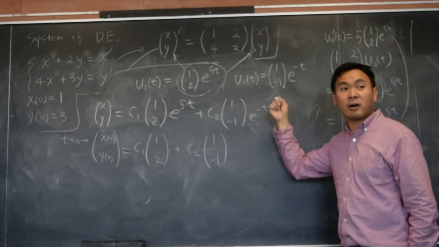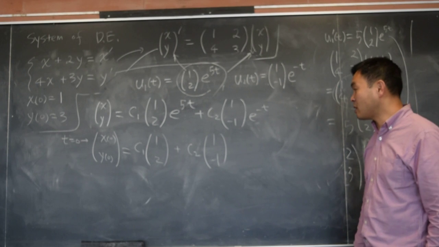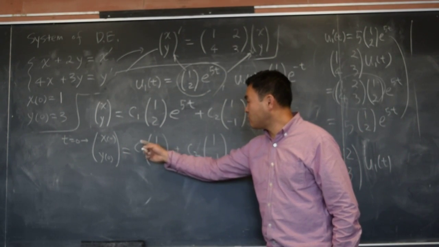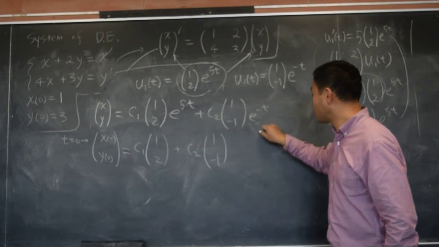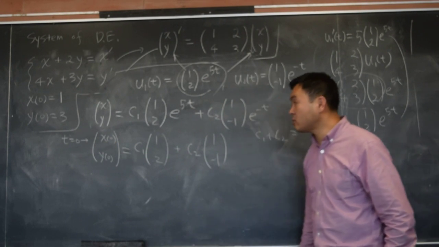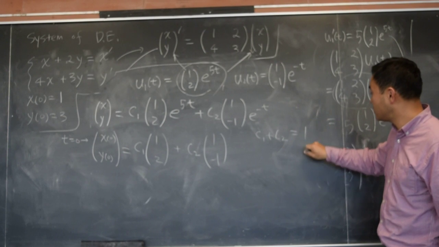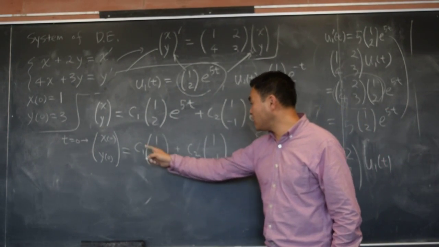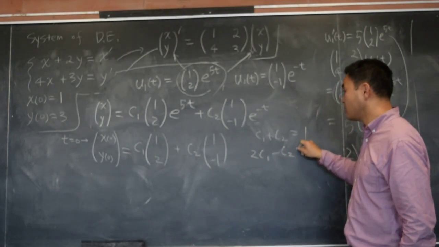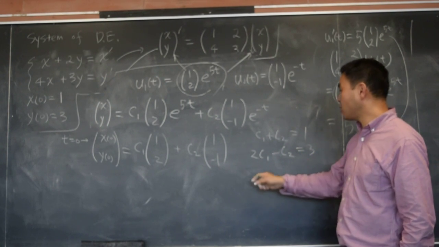Because e to the 0th power is 1, so they disappeared. Multiplying by 1 doesn't do anything. And the top row says C1 plus C2 is the same as the top row here, x(0), which is 1. And the bottom row says 2C1 minus C2 is y(0), which is 3.